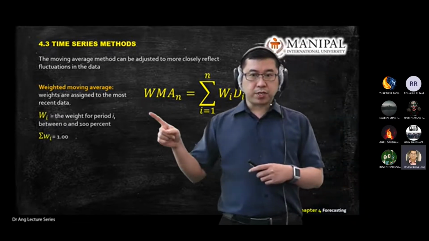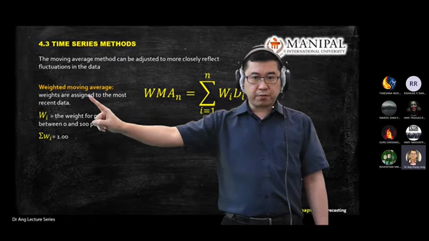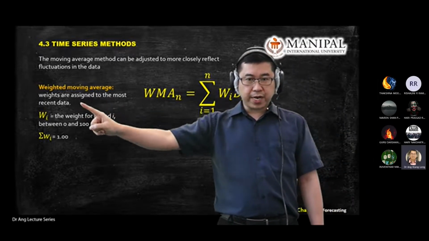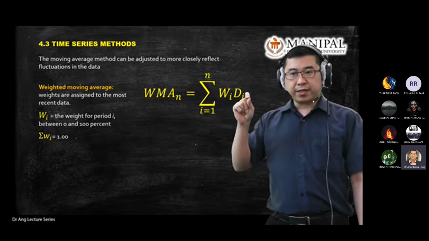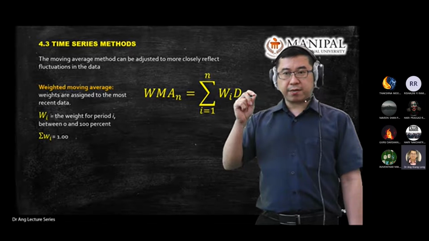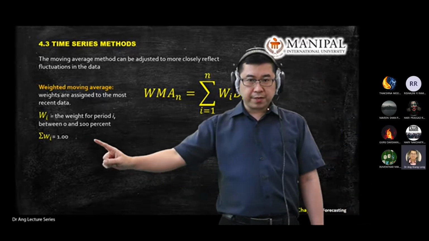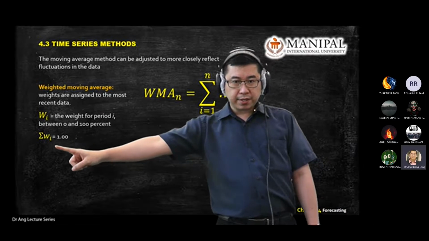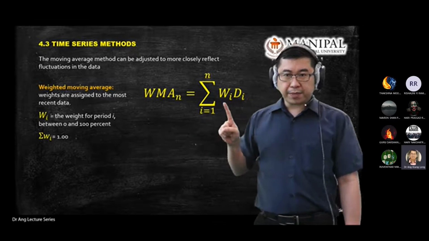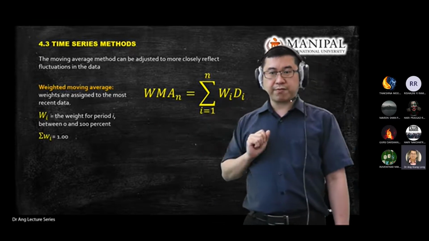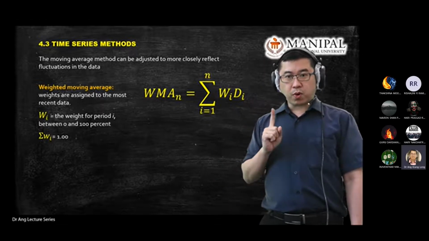So just copy this equation. The definition of weighted moving average is that weights, a constant value, are assigned to the demand, so that you can manipulate the forecasting data a little. And the sum of Wi means that if you add all the constant values together, you will get 1.